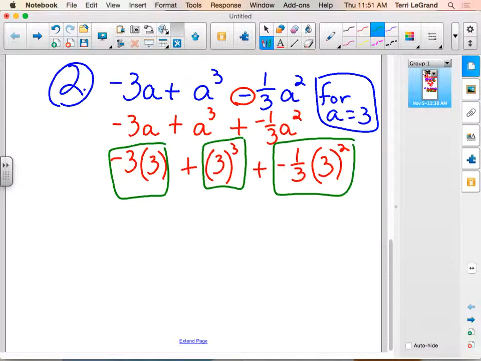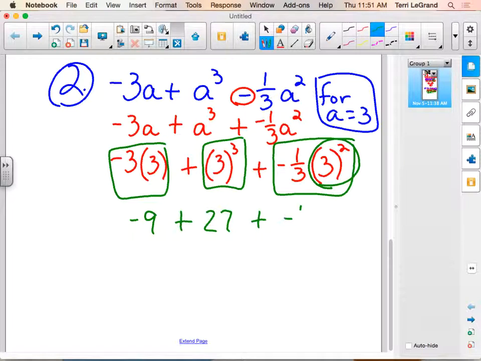Okay, negative 3 times 3. Negative 9. 3 to the third power. 27. What do we do? Multiply 3 to the second. Yeah, we do this first, right?